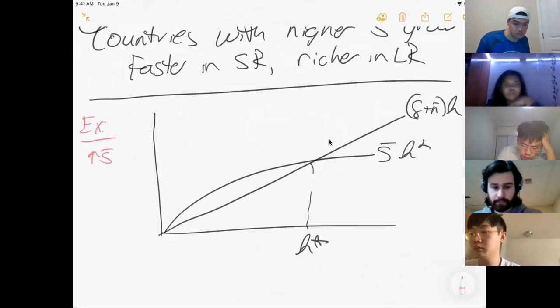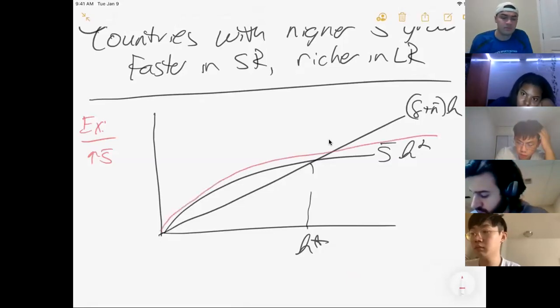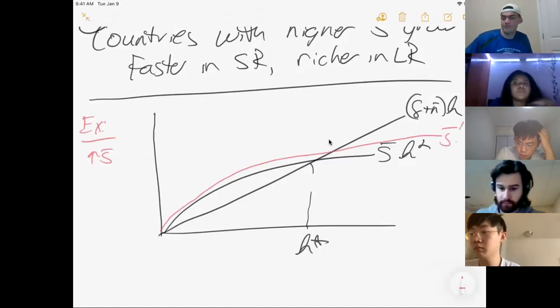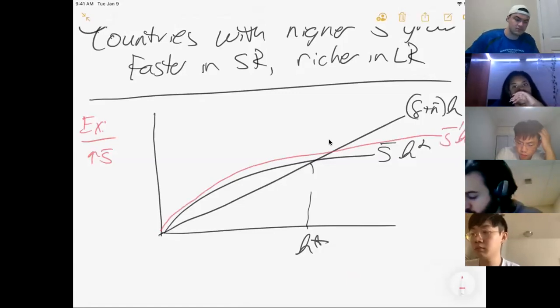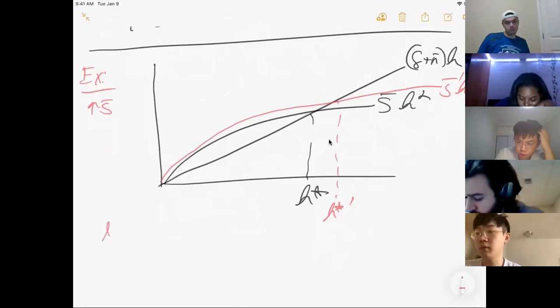So for instance, what happens if S bar goes up in our Solow model? This shifts in this direction, and we have a new higher steady state.